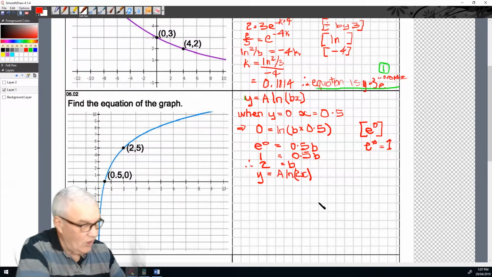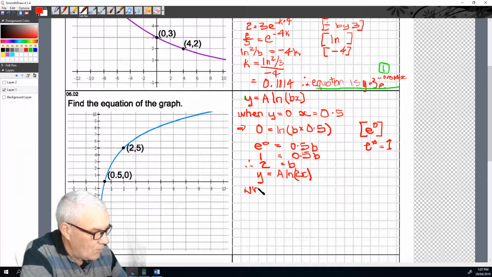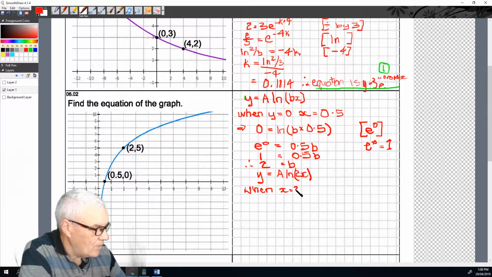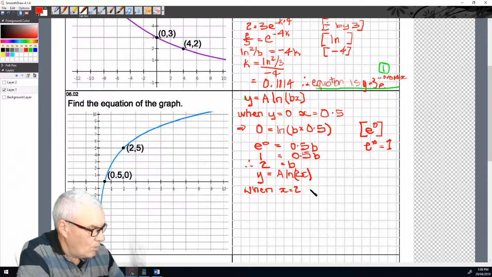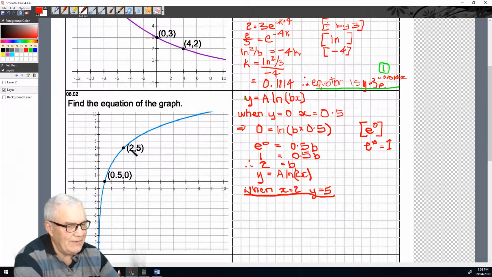That's our equation. So now we can have a look at when x equals 2. When x equals 2, y equals 5, because we've been given that point on the graph. There it is there.